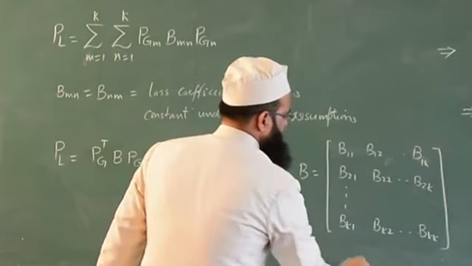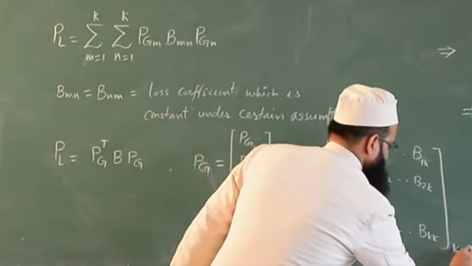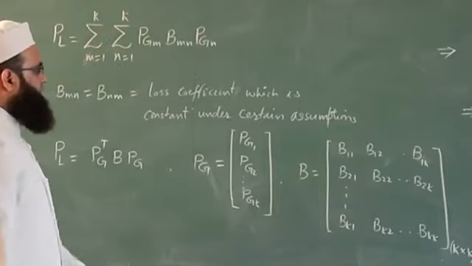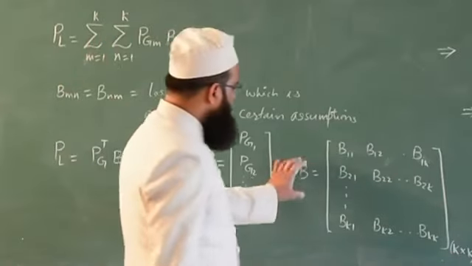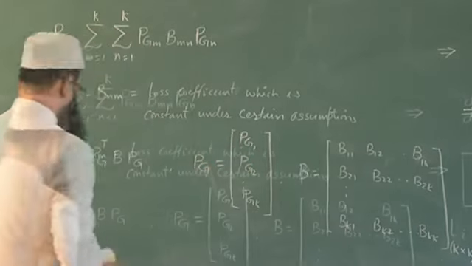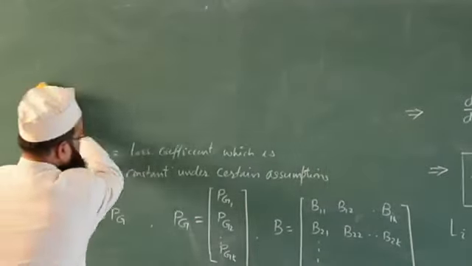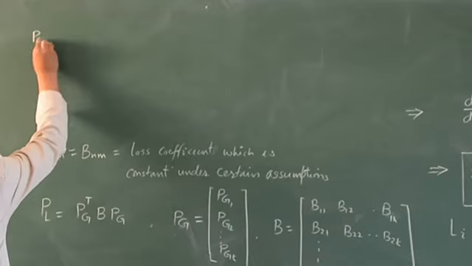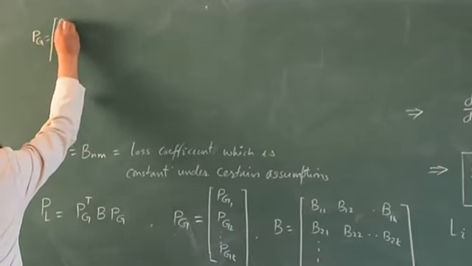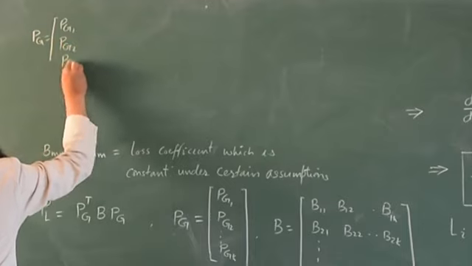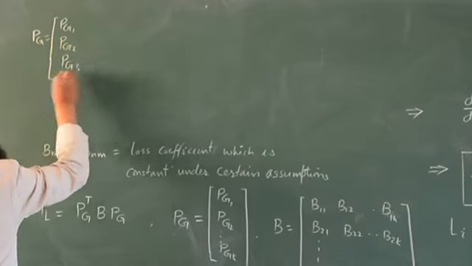So the order of this matrix is K cross K. For a 3 plant system, K will be 3, so the order of this matrix will be 3 by 3, and PG will be PG1, PG2, PG3.